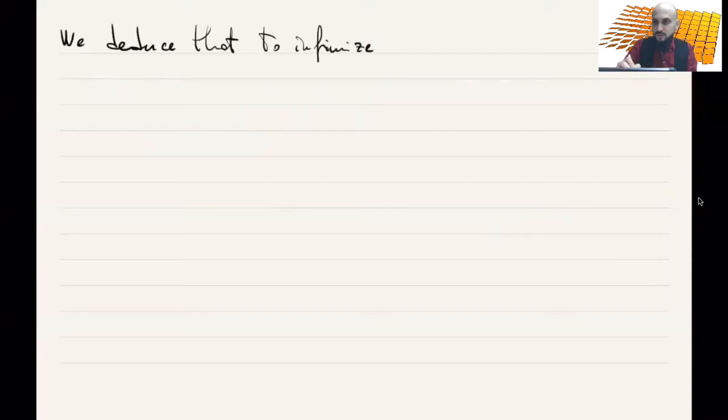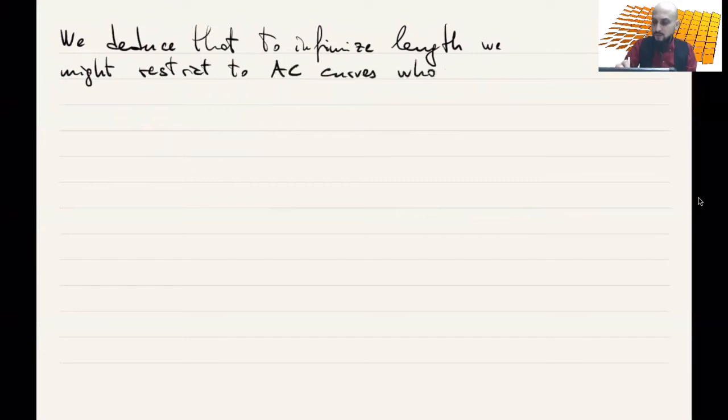So we deduce that to infimize length, we might restrict to absolutely continuous curves whose derivatives are in L2.